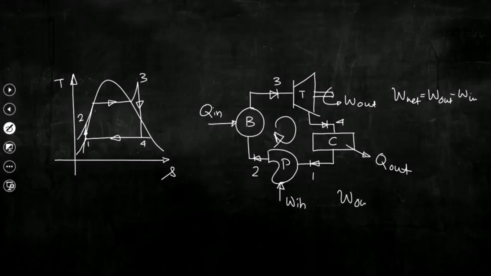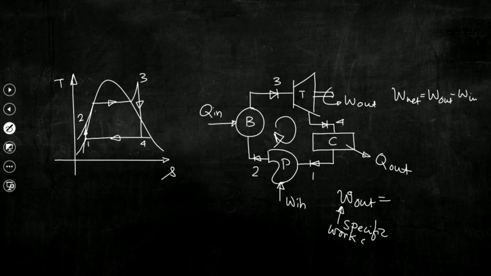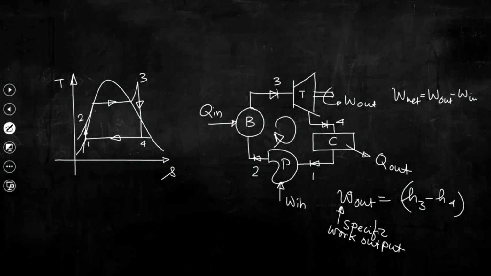This is W out, the specific work output W, and this is H3 minus H4, which we can see from this TS plane. That is the enthalpy drop of steam inside the turbine, and that is the specific work output.